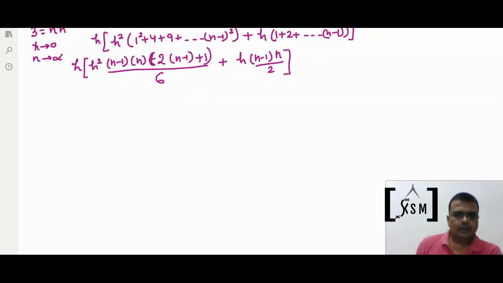And then we get this all as limit h tends to 0 and n tends to infinity, nothing to worry. So now we'll bring all our h with n. So see how I am doing that.